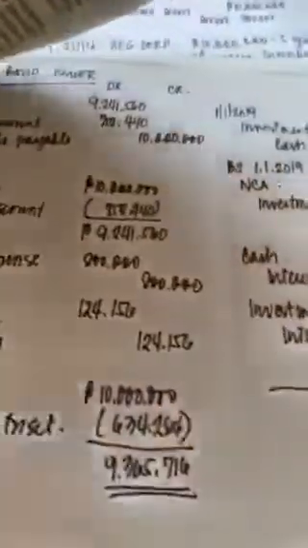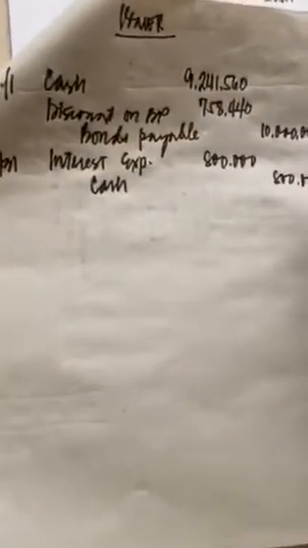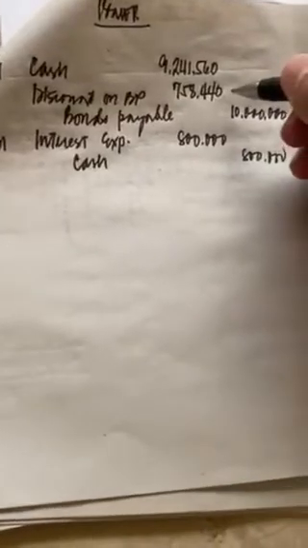Now, how do we record this amortization of the bond discount? From the point of view of the issuer of the bond, the discount is a debit balance, so we need to decrease this.